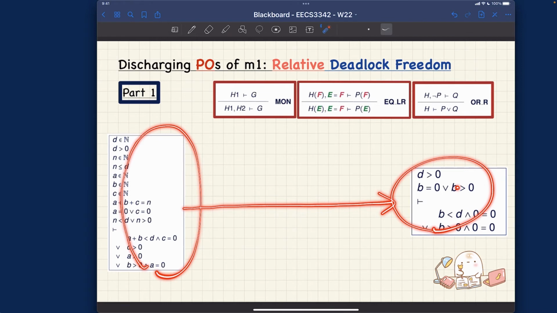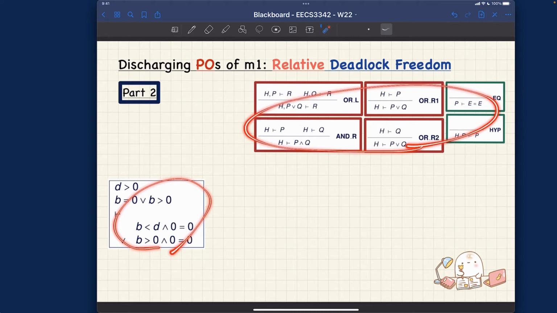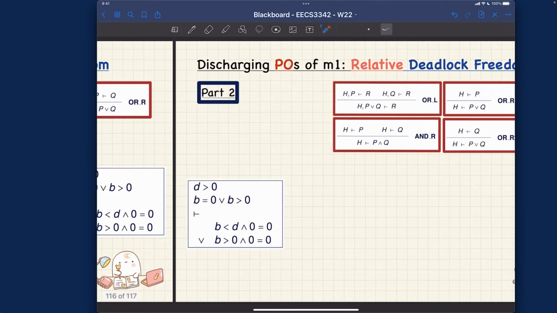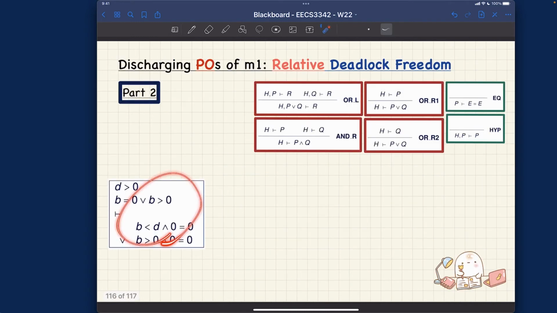Once you get to that part, it will be the beginning point for the second phase of the proof. And from here, you also got to consider the relevant inference rules over here to discharge it. But I would say this one turns out to be very similar to what we did earlier. All right. So I would say these are the 2 parts I want you to think about. For the first part, going from beginning until the middle point, and the second part from the middle point all the way until the leaf of the tree for the proof tree.